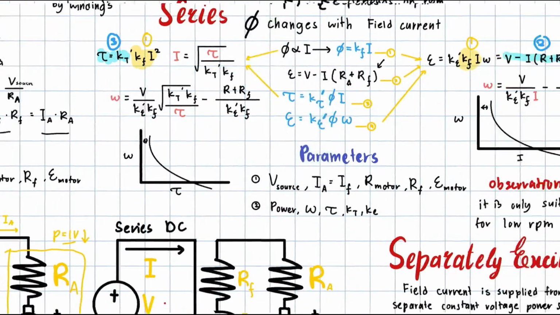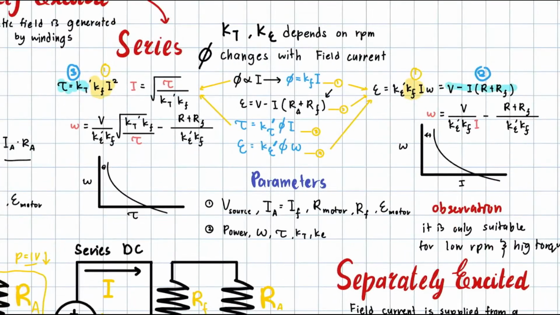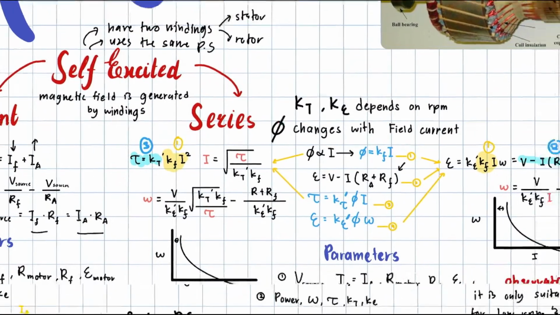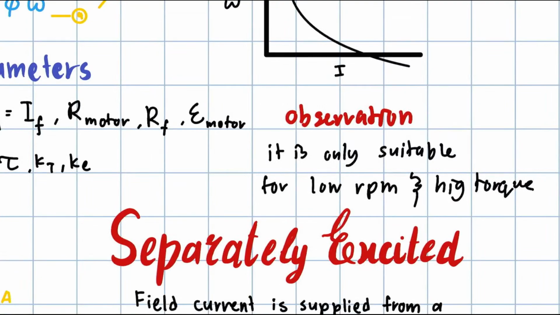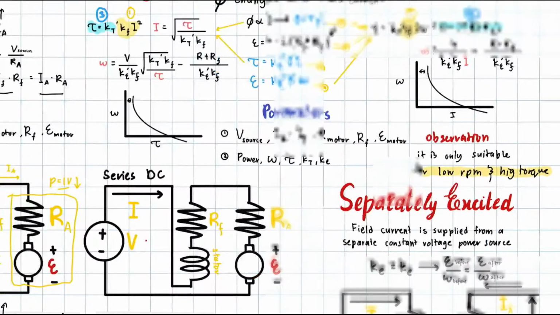So it's dangerous. So this is the practical usage for the self-excited series DC motor. This is the importance of a series DC motor for low RPM, high torque.